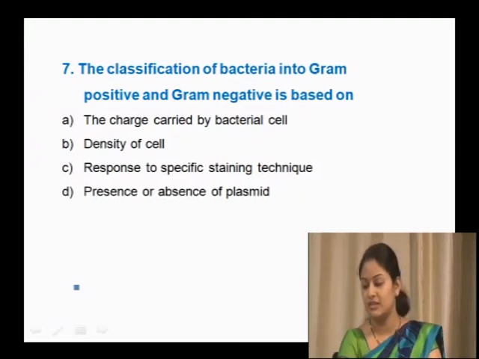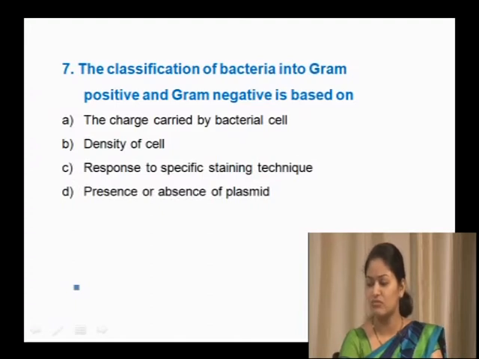So the bacterium which has more peptidoglycan and less lipid will show the purple color, and you consider those bacteria as gram positive. Gram negative bacteria are those which have less peptidoglycan and more lipid, and after counter staining they appear pink.